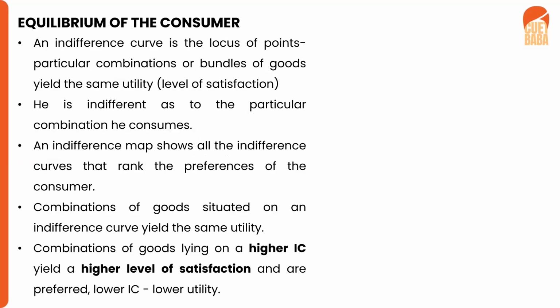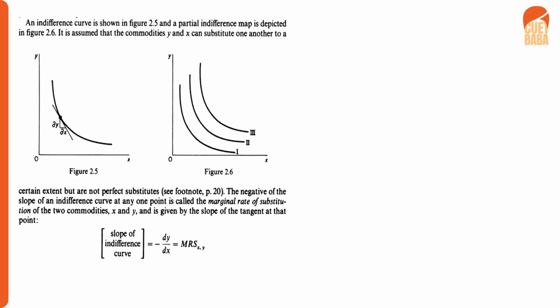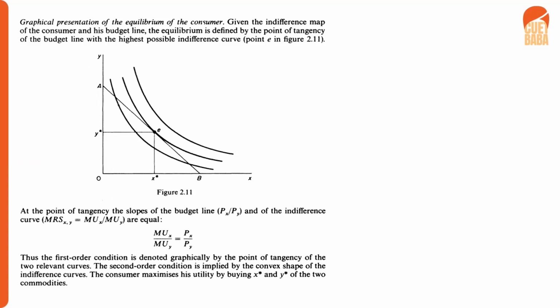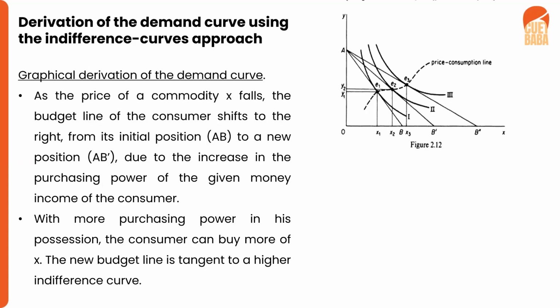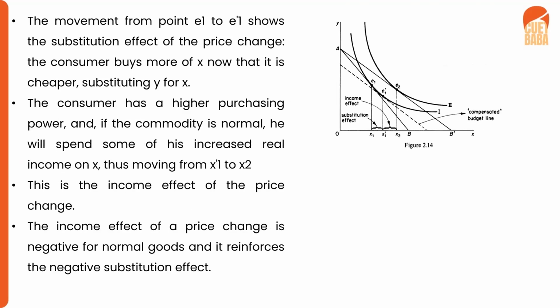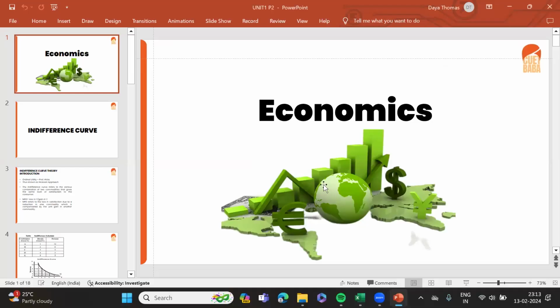Then we moved on to the equilibrium of the consumer, where we saw certain points and the equilibrium based on the budget line as well. Then we moved on to the derivation that showed the price consumption line, that is a locus of all the equilibrium levels E1, E2, and E3. Then we have the price effect that can be shown with the help of the income effect and substitution effect. So that's it in this class. Thank you.